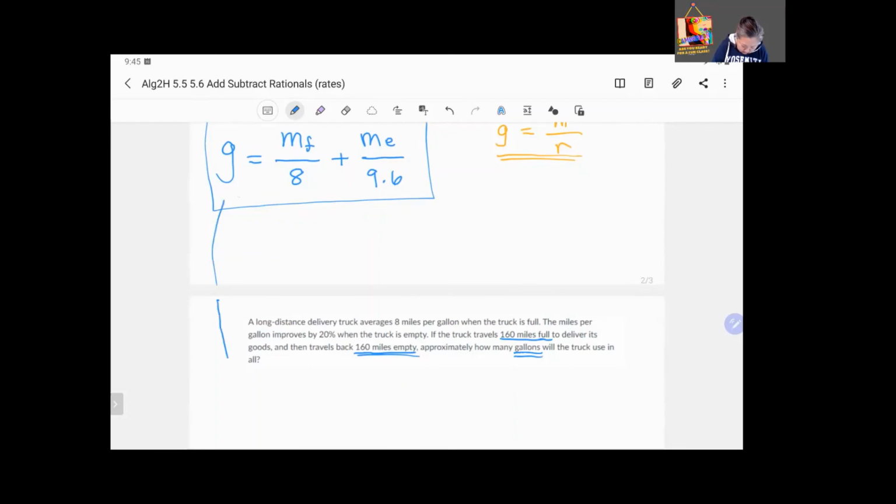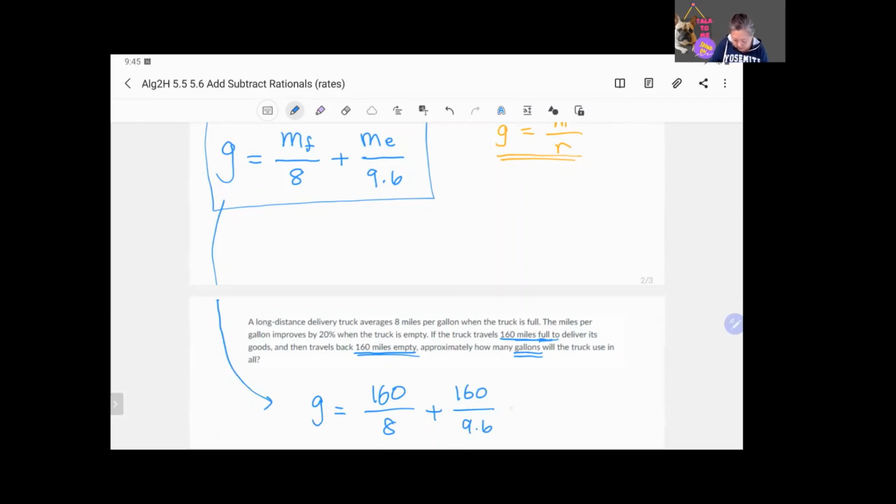Gallons will be the miles it goes fully loaded, 160, divided by 8, the rate. And then the miles it came back empty, the same distance but a different rate, 9.6.